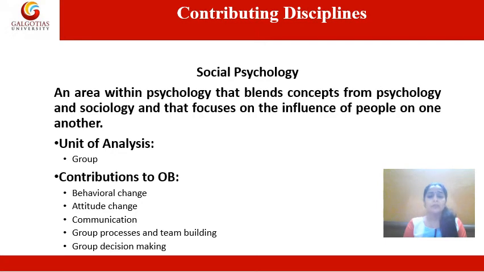So, this field has contributed to the group level of organizational behavior, and basically contributed to areas like behavioral change, attitude change, communication process, group process, team building, and team dynamics, and how groups make decisions, and how the roles are defined in groups. These are the topics which are majorly contributed by the field of social psychology in the area of organizational behavior.